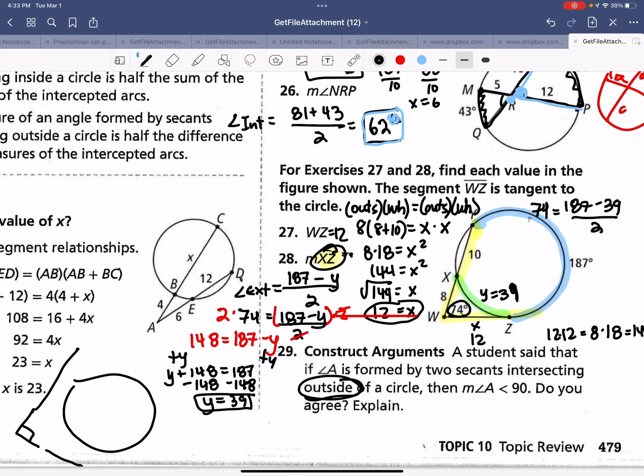So it does feel like this might be right. What's the biggest angle I can get? Yeah, it looks like the biggest angle I can possibly get practically here is going to be less than 90. So yes, our exterior angle must be less than 90.